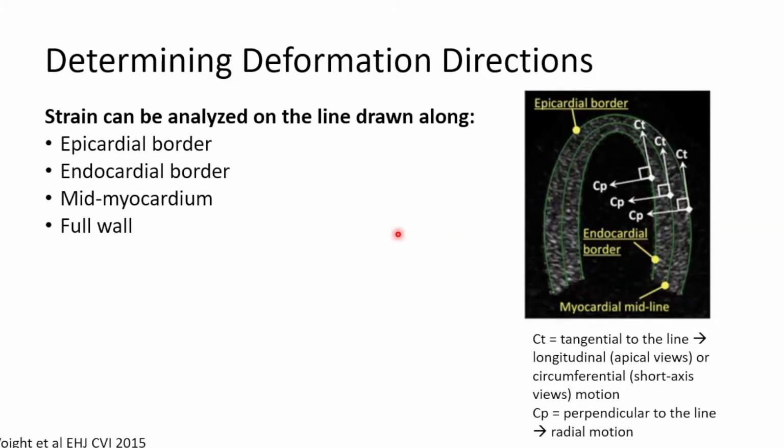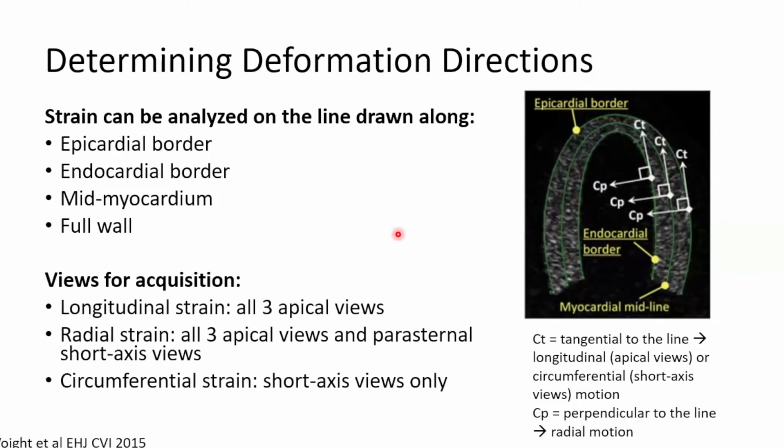The actual clinical significance of doing it layer by layer is unclear at this moment. Most software defaults to the endocardial border, and so that's what we typically use. But whether we can even resolve these very specific layers using our current probes and lateral resolution is unclear, and there is really no clear significance of layer-specific strain analysis.